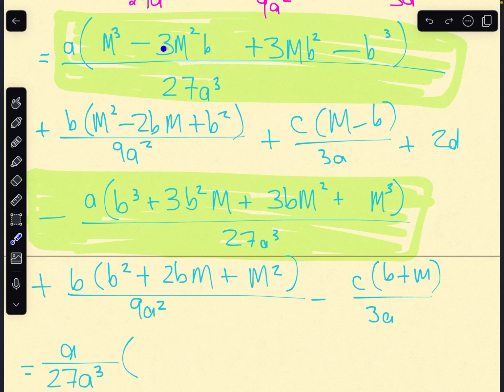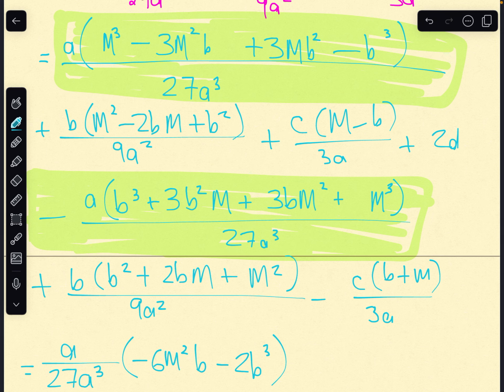Then minus 3m squared b, minus m squared b, so that's going to be minus 6m squared b. Then we've got 3mb squared minus 3mb squared, so those cancel out. Then we've got minus b cubed minus b cubed, so that's minus 2b cubed. Okay, so we've sorted out the green terms.